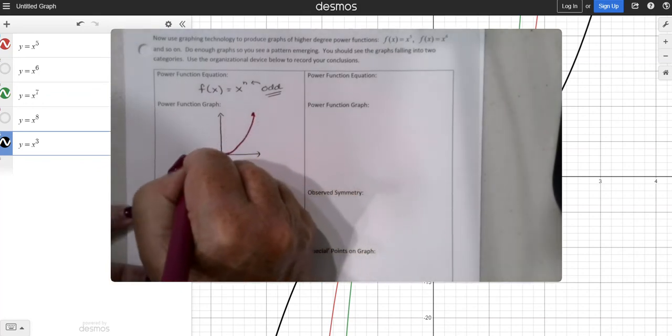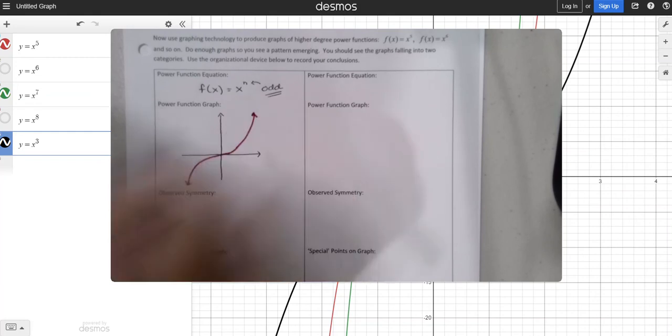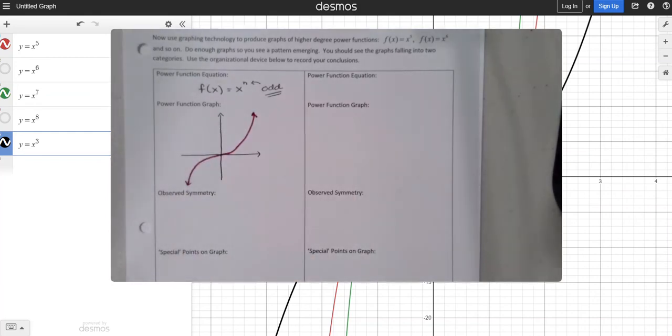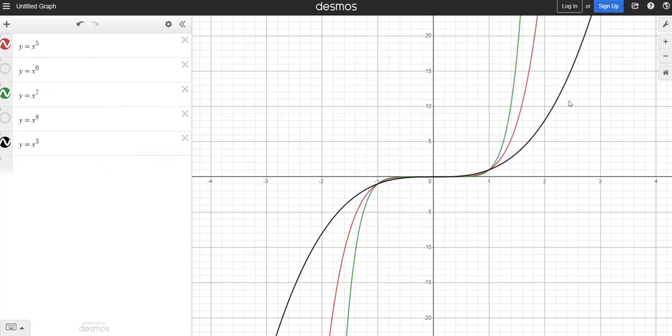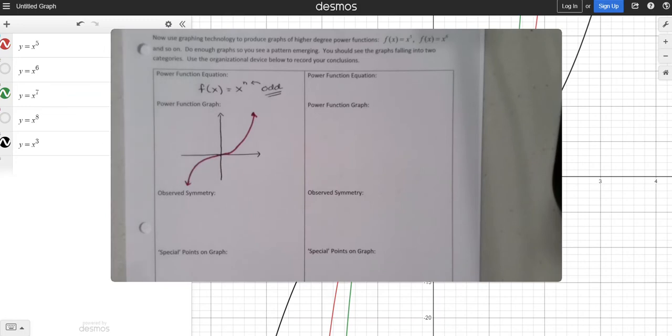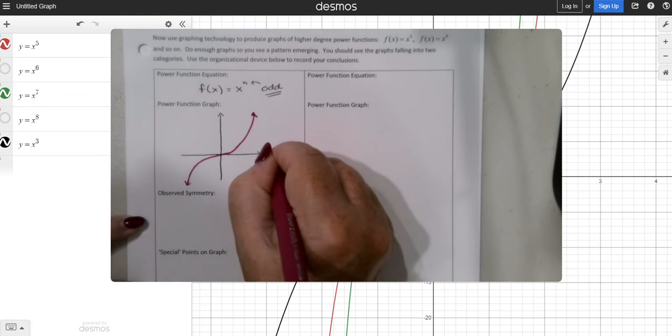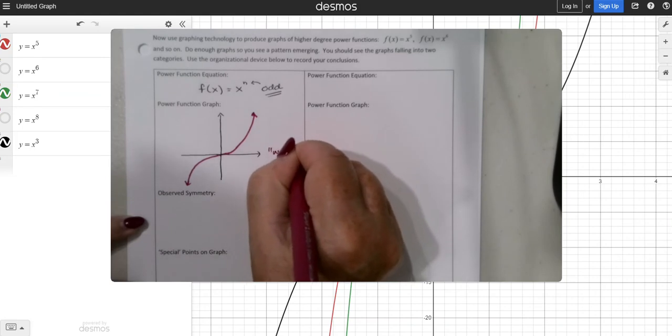They all looked like that. I will say that notice the x cubed is the least steep, then x to the fifth, then x to the seventh. So that kind of wave shape does get steeper the higher the power, but the overall shape doesn't really change. And again, I'm going to call this sort of a wave shape.